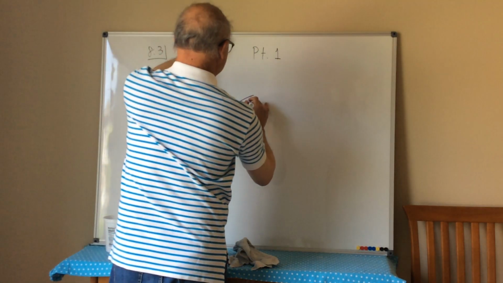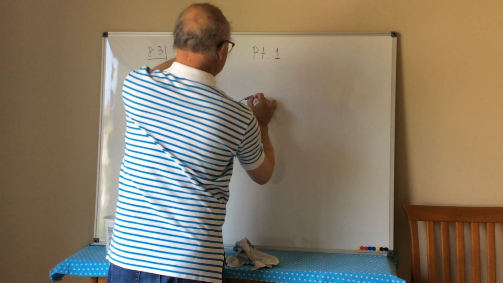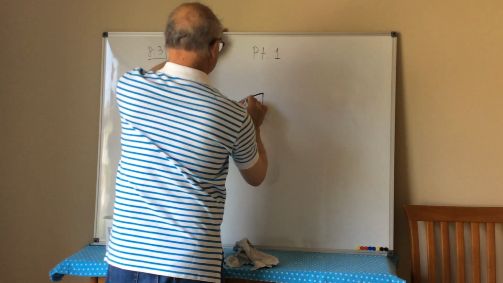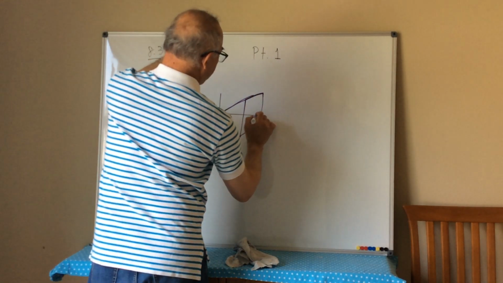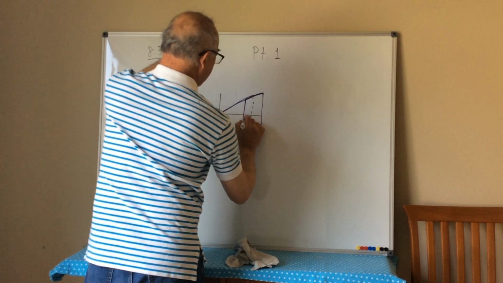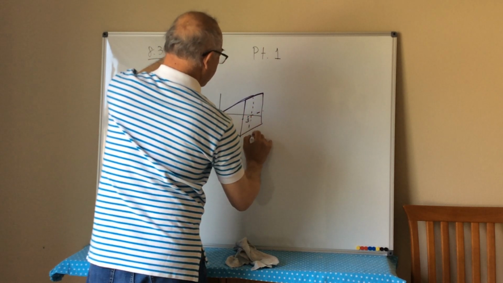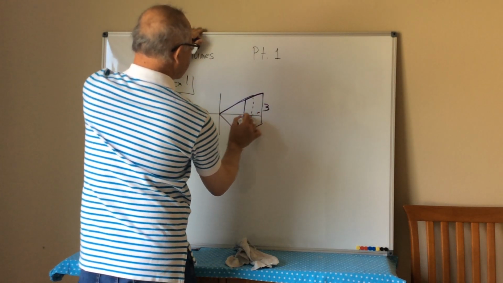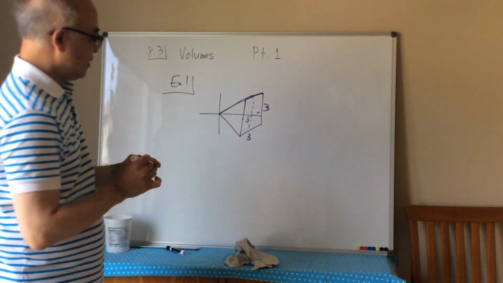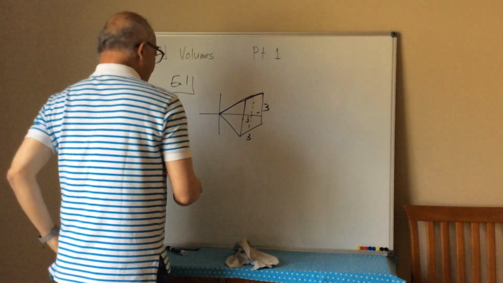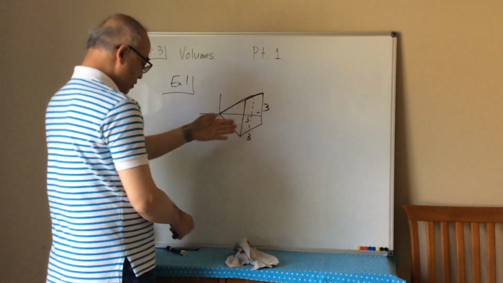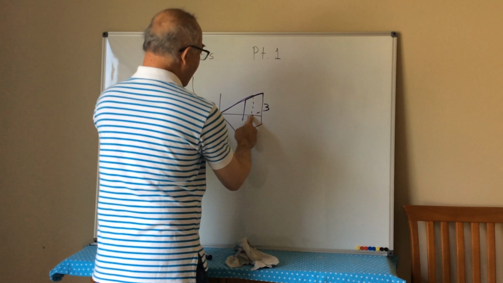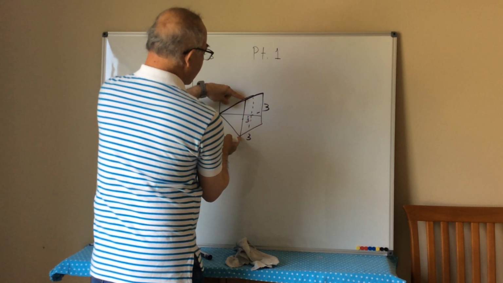So like this, where we're going to have 3, 3, and 3. So this is 3 by 3 with a height of 3. Again, as we do cross sections here, when the height is x, the square sides are x.